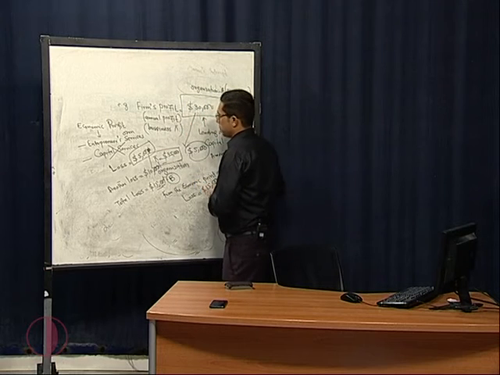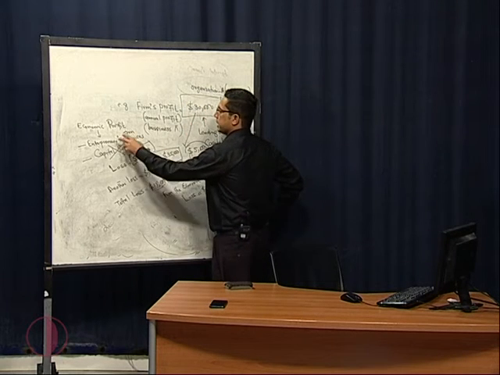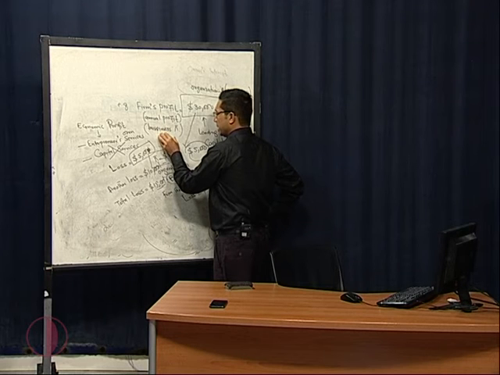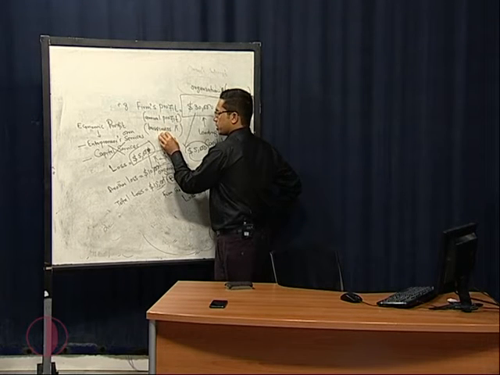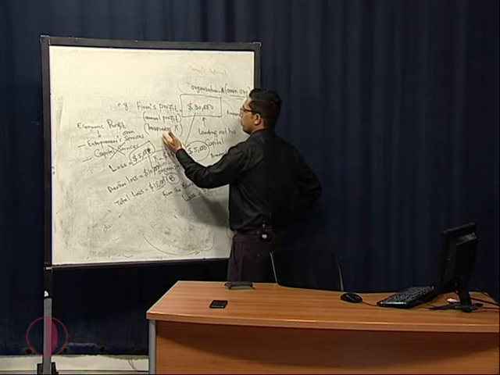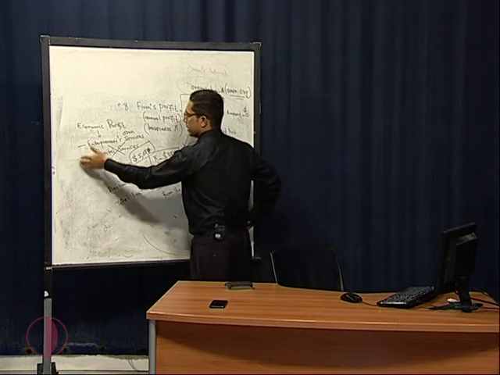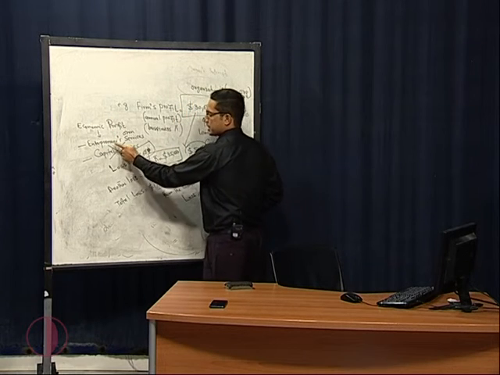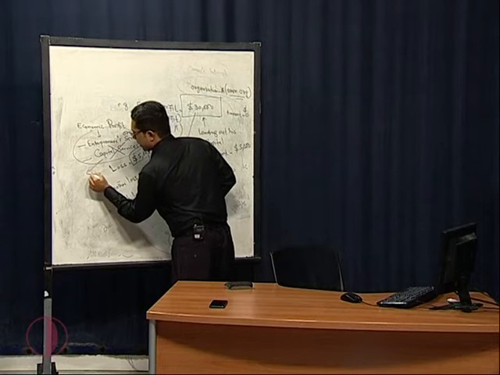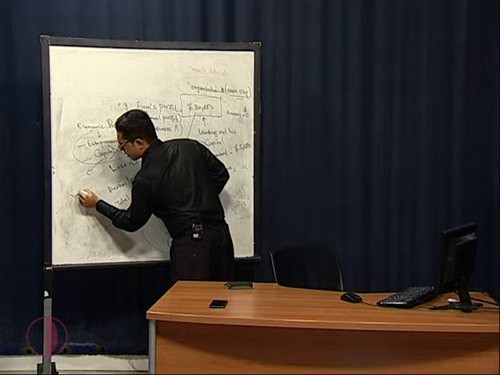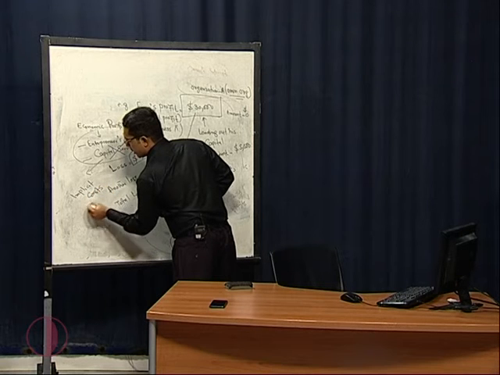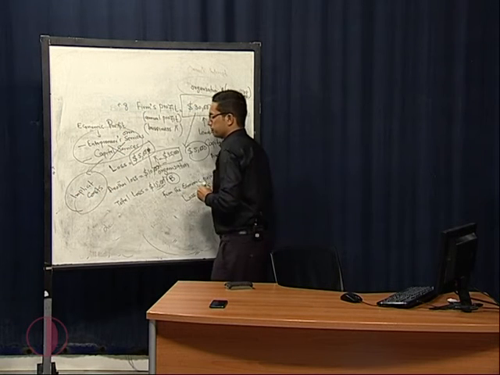So in conclusion, business profit is not as broad a term as economic profit, because in the business profit we are not including this amount, and this is called implicit cost. These are the implicit costs to the entrepreneur.